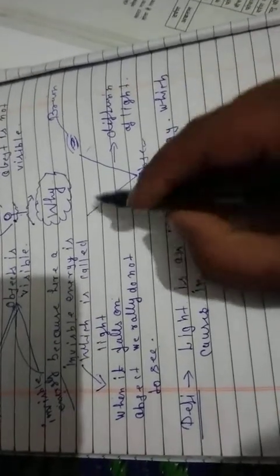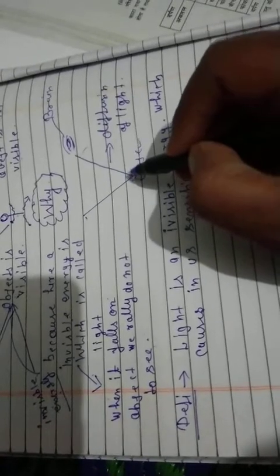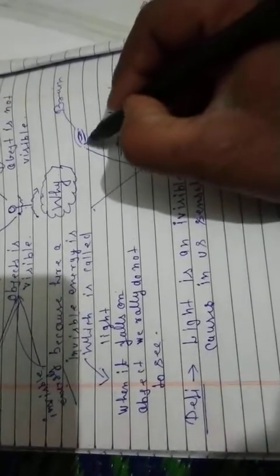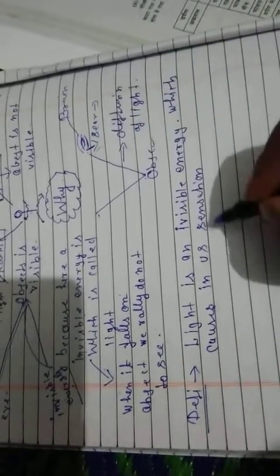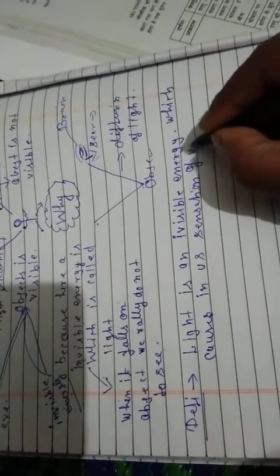How sensation? Because invisible light falls on objects, then this light turns back or reflects from there and enters our eyes, and our eye is a sensory organ, and with the help of this sensory organ we feel the sensation of vision.